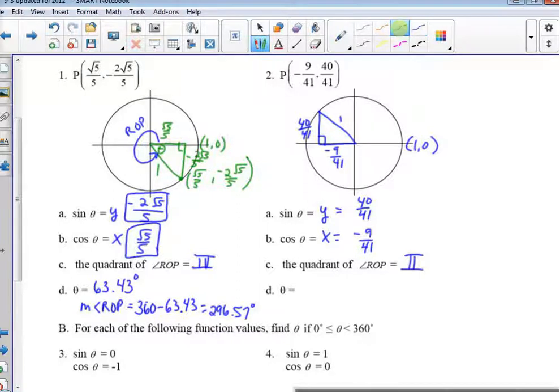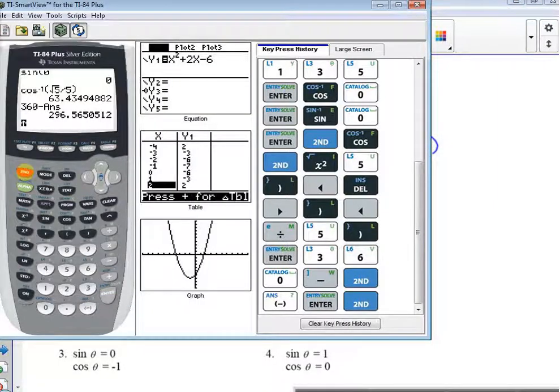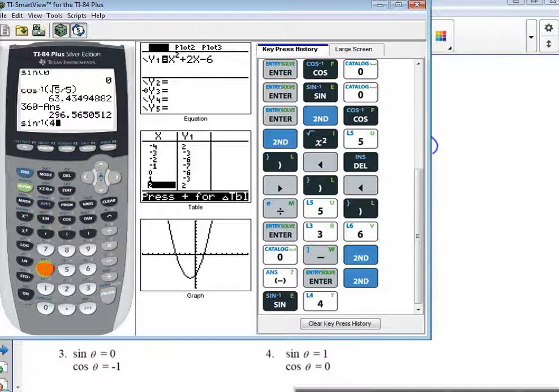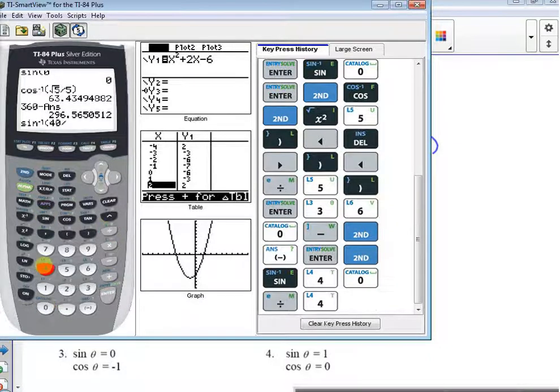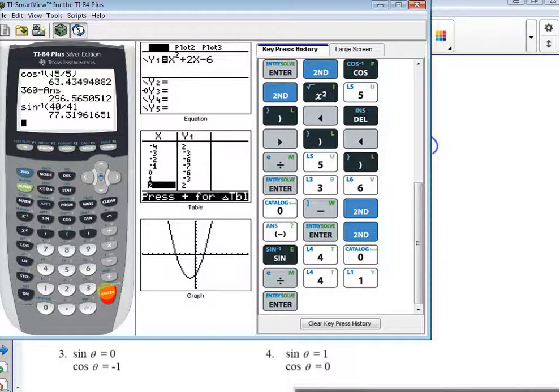And now here's theta. But this now is angle ROP. So here's R, this is O, and this was P. To find that theta, I'm going to do second sine 40 over 41. So second sine 40 divided by 41, which is what we did before.